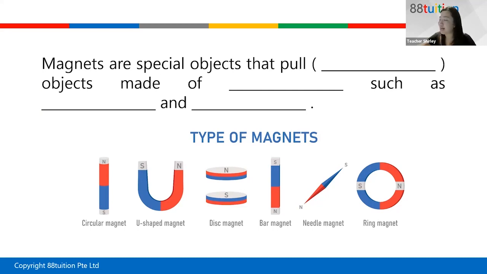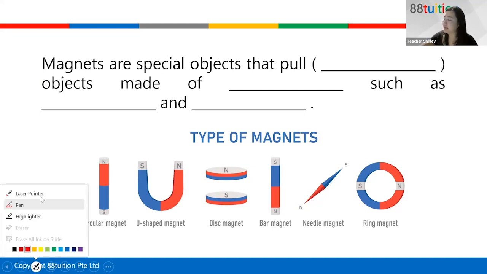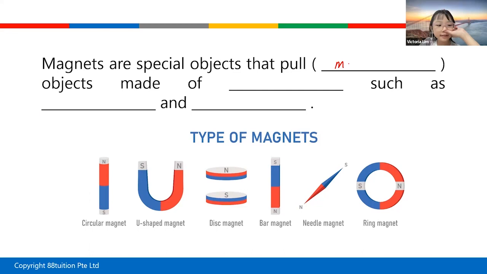So magnets are special objects that pull magnetic objects.